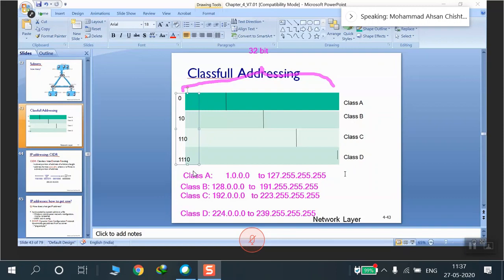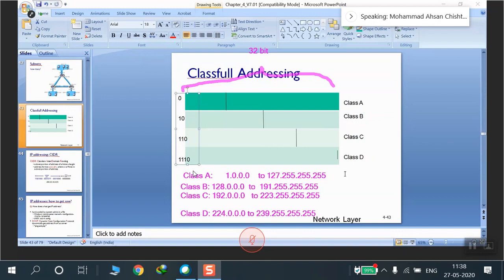That is the 24 bits that we have for hosts, in other words, 2 to the power of 24. These many hosts can be accommodated within class A. This is what we have as classful addressing.